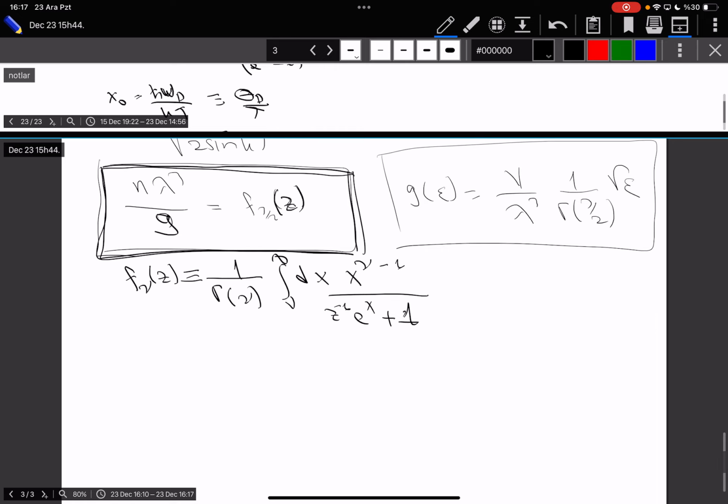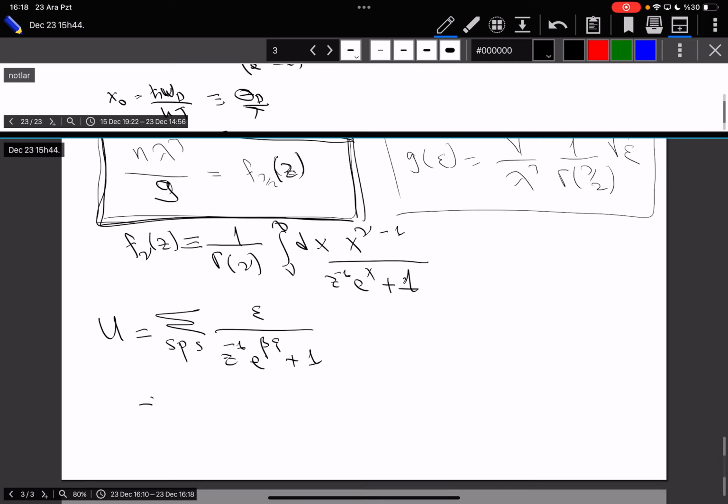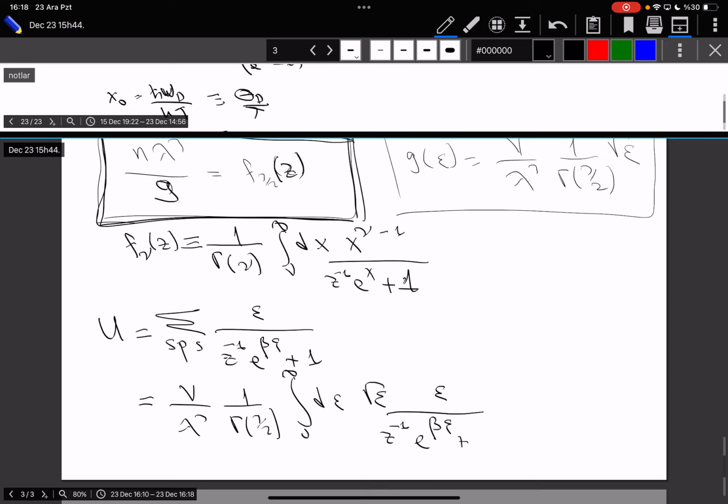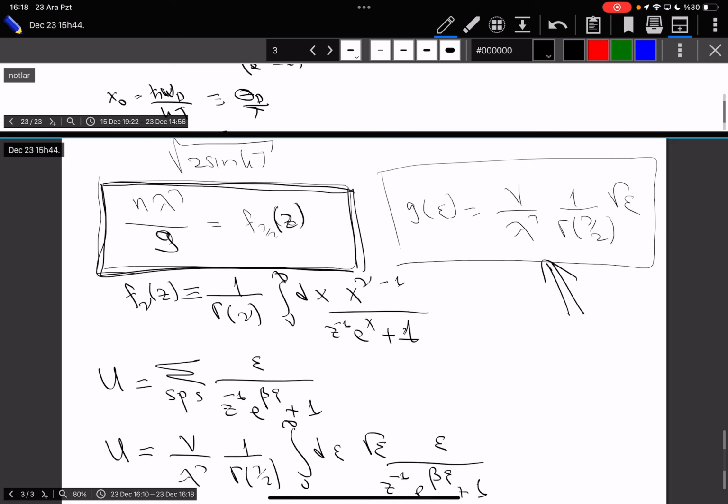On one hand, we have u is equal to the sum over single particle states of epsilon divided by z to the power minus 1 e to the power beta epsilon plus 1, which becomes V over lambda cubed, 1 over gamma 3 over 2, the integral d epsilon square root of epsilon from 0 to infinity times epsilon over z to the minus 1 e to the power beta epsilon plus 1. I just straight away use this density of states.